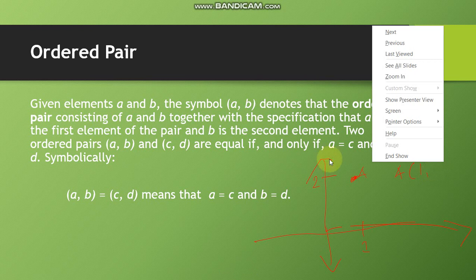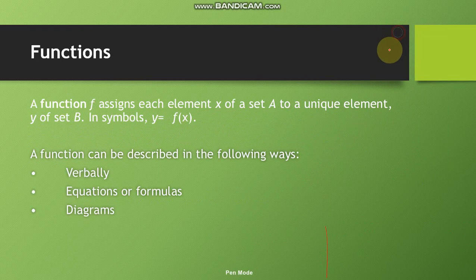Then, next, we have function. Let's define function. A function f assigns each element x of a set A to a unique element y of set B. In symbols, we have y is equal to f of x. When we talk about an equation, we have y is equal to x plus 2.